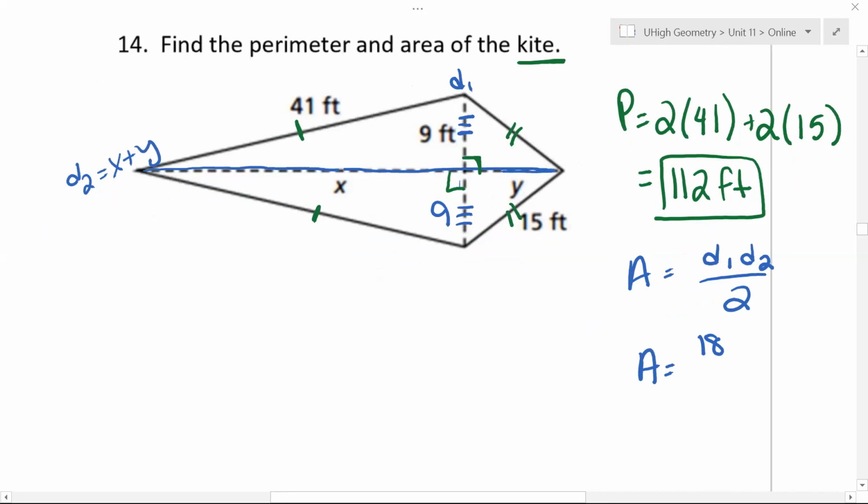Well, if I think about these as triangles, I have one triangle here, and I'm going to redraw that triangle. I have a right triangle with one side being 9, my hypotenuse being 41, and my other leg being x.